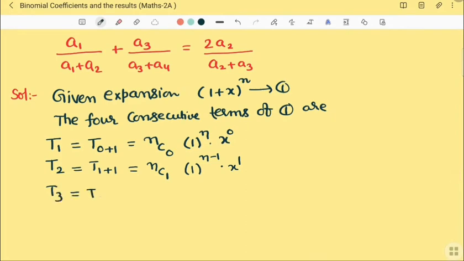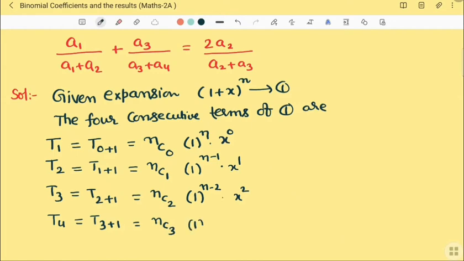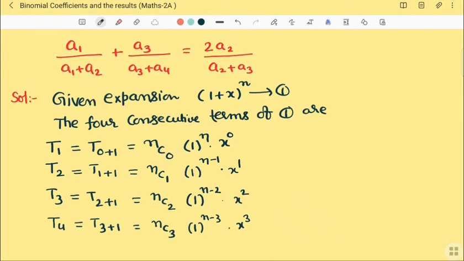So, T3 means T2 plus 1 we can write it, r is equal to 2, nC2 1^(n-2) x^2. So, next T4 is equal to T3 plus 1 equal to nC3 1^(n-3) x^3. So the 4 consecutive terms of the expansion (1+x)^n we completed.